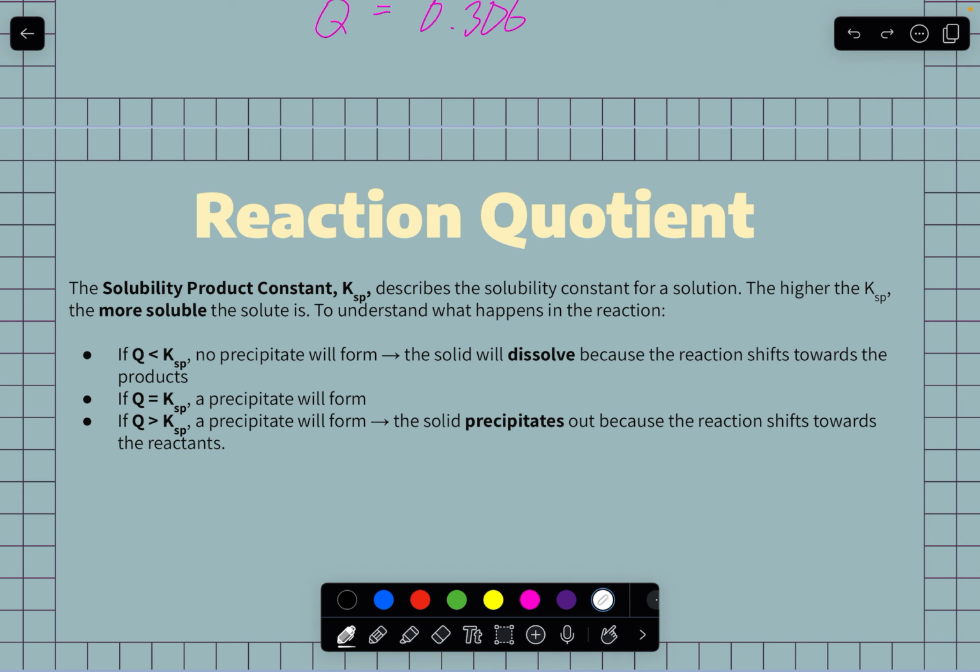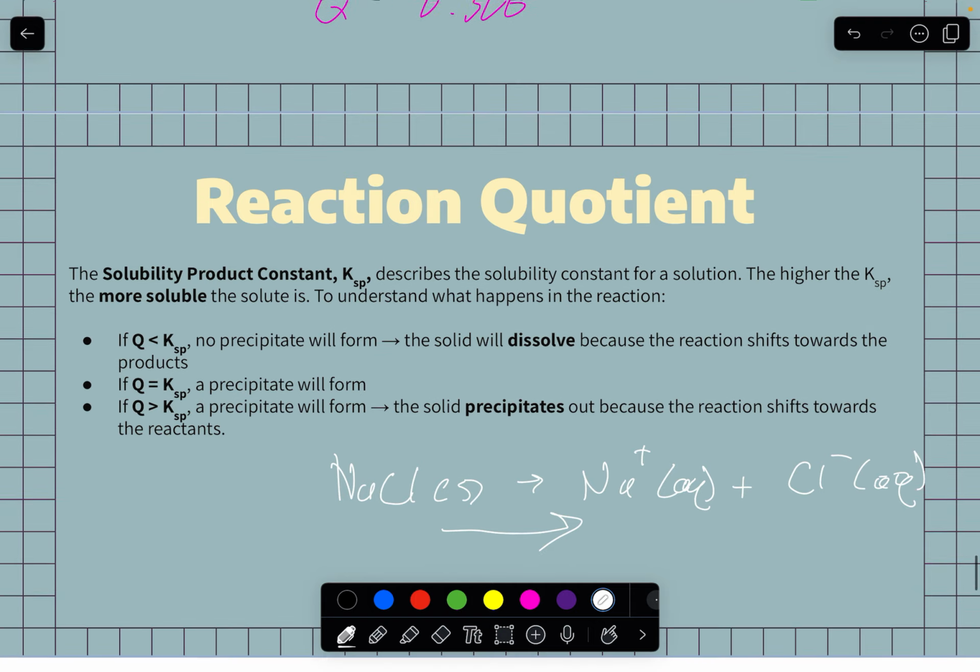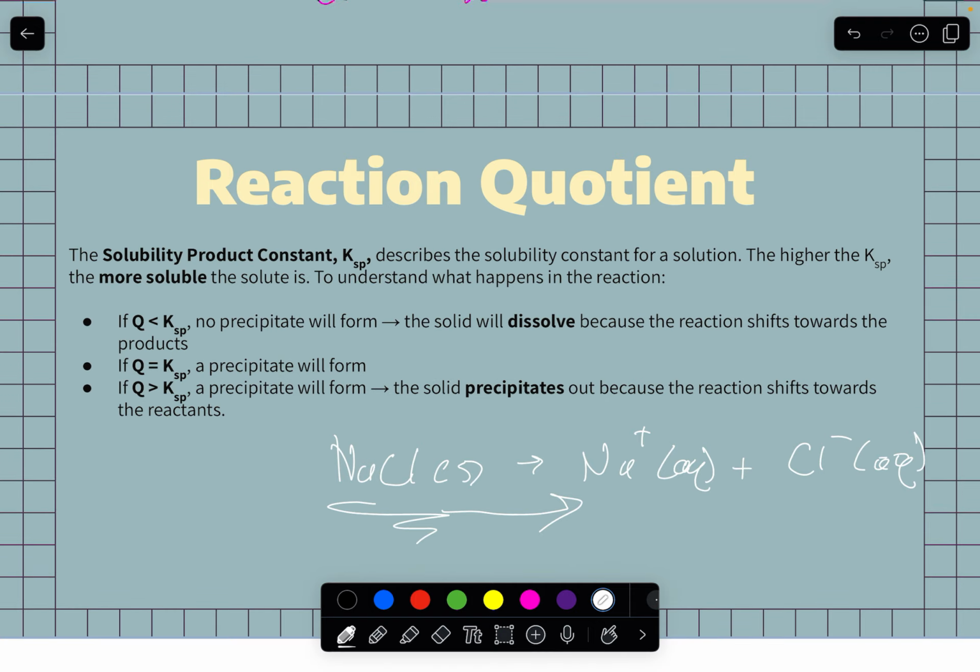Because remember, if you're dissolving something, if we have NaCl solid, that goes to Na+ aqueous plus Cl- aqueous, right? If your K is greater than 1, the higher the K is, the more product you're going to make, so the more it's going to dissolve. That's what that's telling you. But it won't be for NaCl.